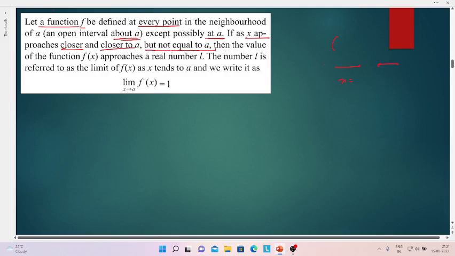This is a very important line. We don't have to take the value of x as a. It is very close to a, right?